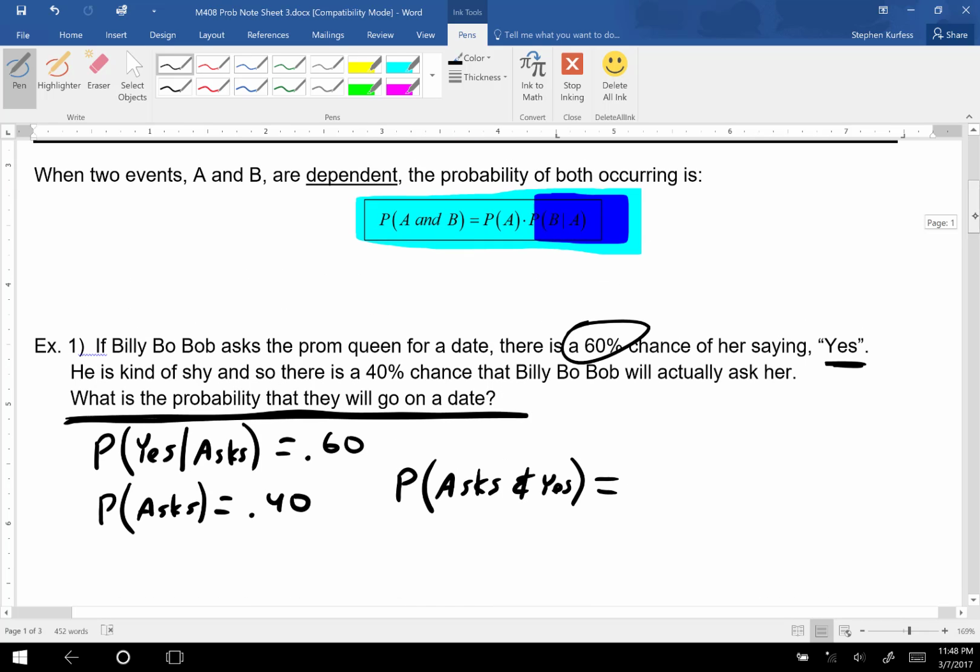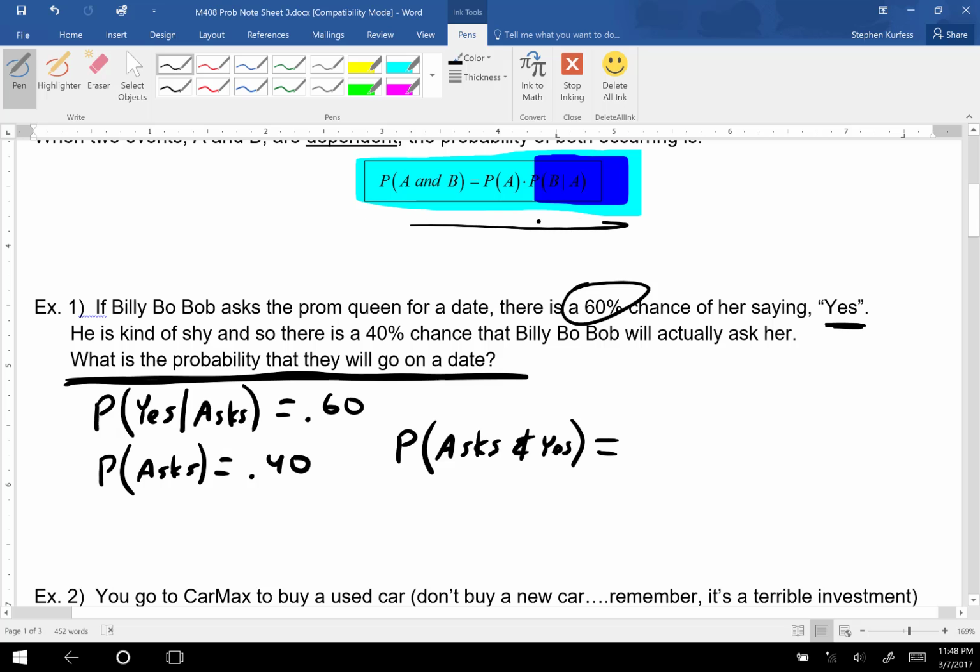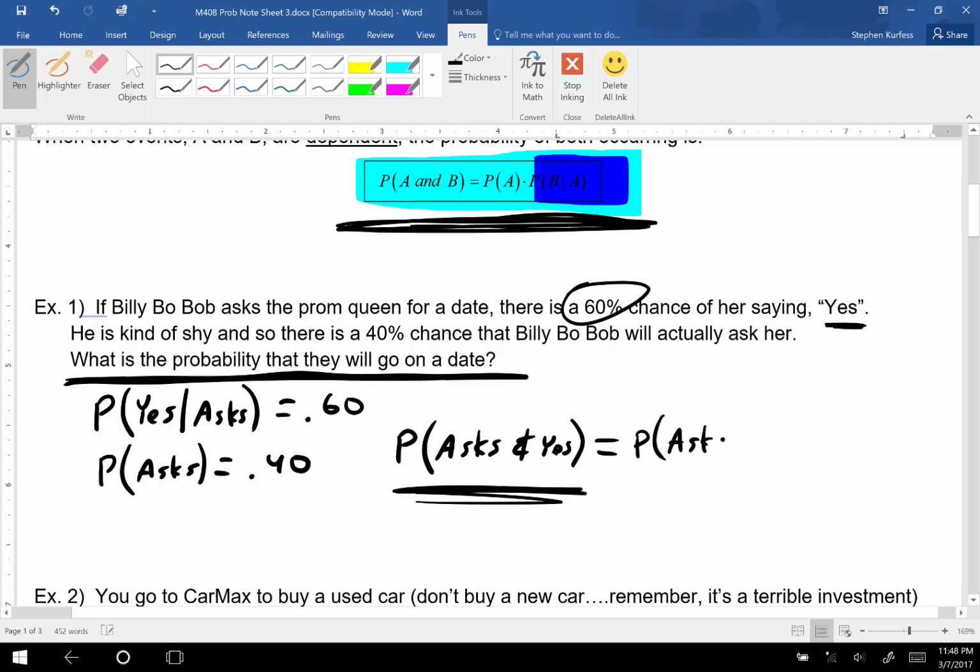The probability of A and B is the probability of A, so the probability that he asks her, times the probability of B, so the probability of her saying yes given that he asks her.